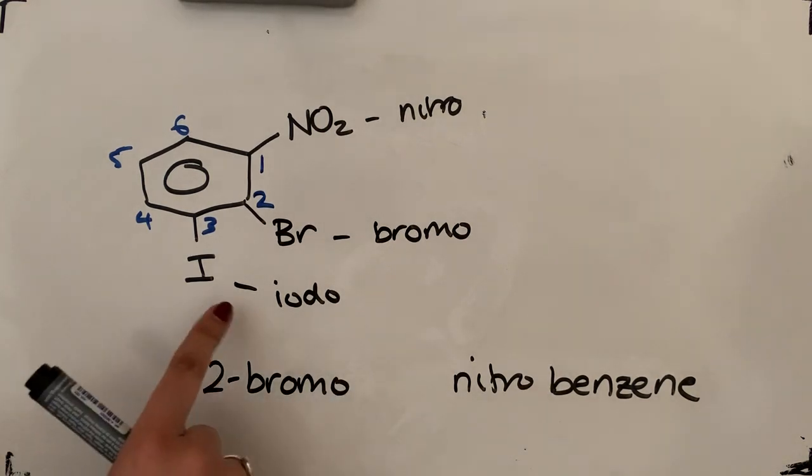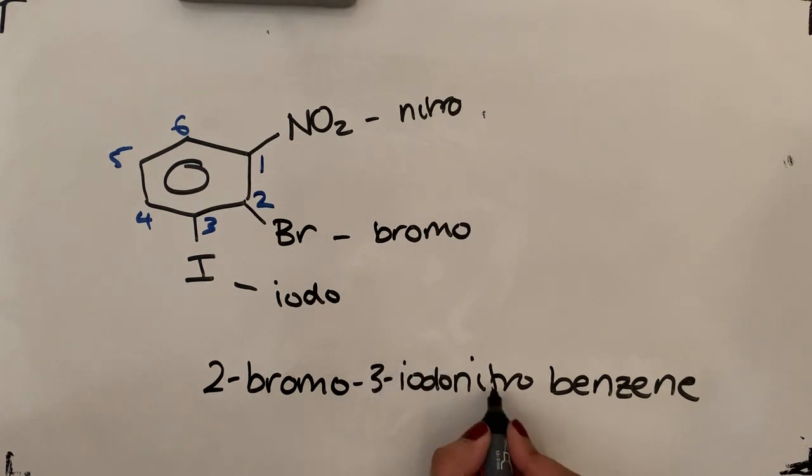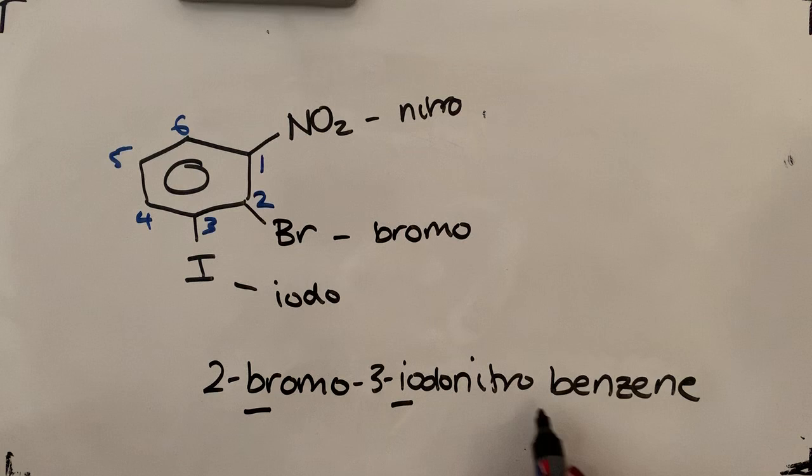And then we have 3-iodo, nitrobenzene. So just bear in mind, these are always in alphabetical order. And the one that is last is technically classed as your carbon number 1, but in this case you don't need to put the 1 in front of nitro.